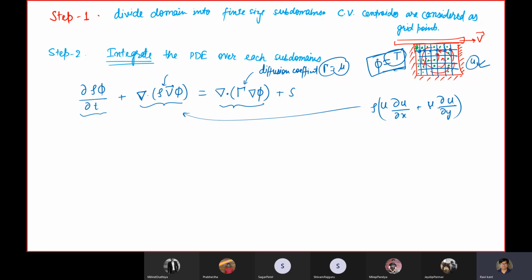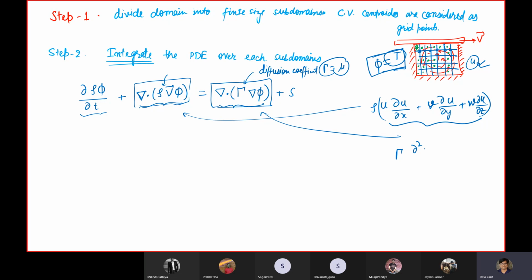Oh, sorry, this is probably v here. All these terms are clubbed in the generic divergence term, written in this form. And the term written over here is nothing but gamma times dou 2 phi by dou x square plus dou 2 phi by dou y square plus dou 2 phi by dou z square. If I write my Navier-Stokes equation, I am going to replace this phi with u's, and then this is your diffusion term. This is how it is written in a generic sense.